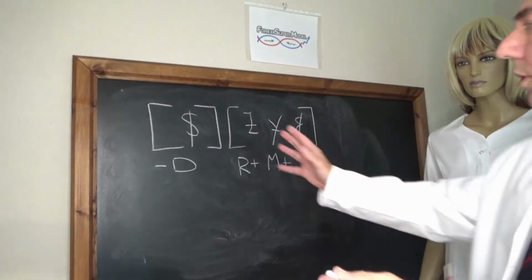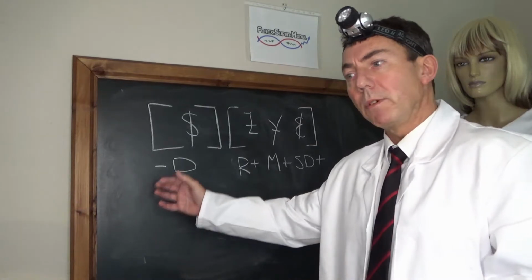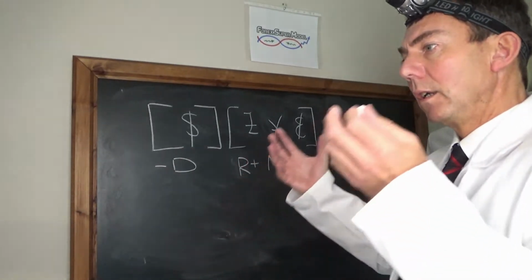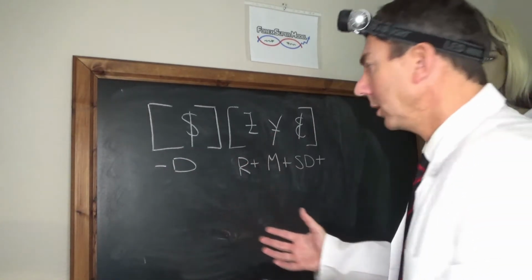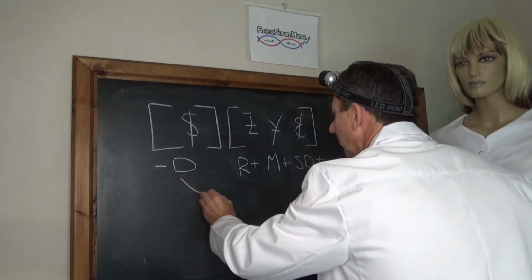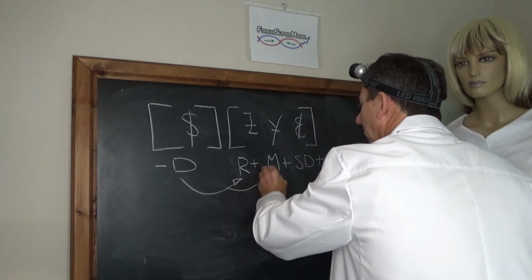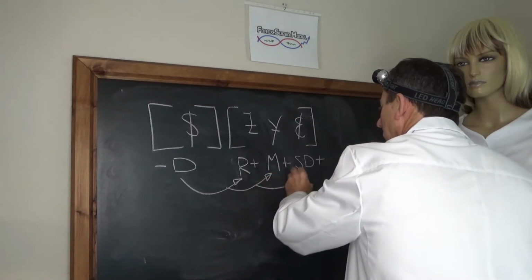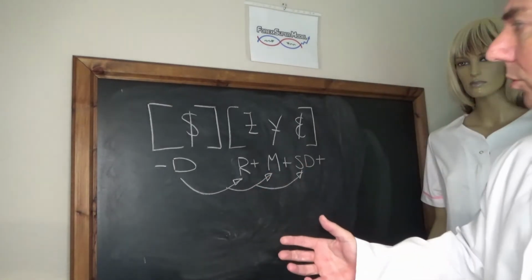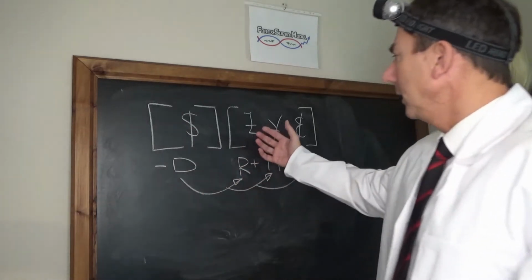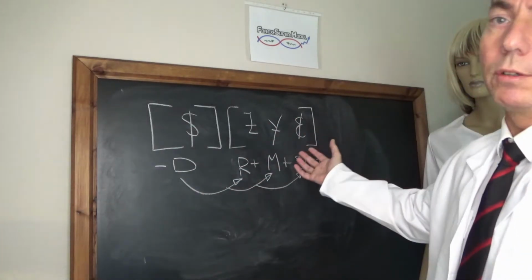Now, remember the driver is the front door flows. So all these are front door flows. So we've got front door flows out of the dollar into the pound, the yen, the euro in this case.